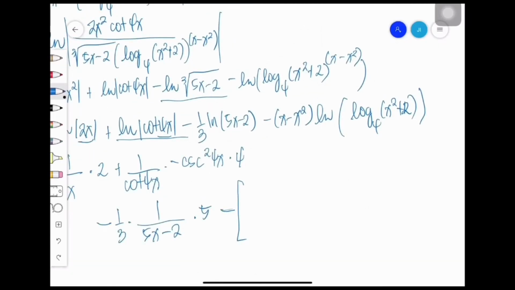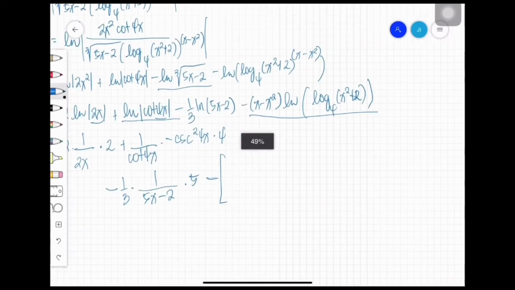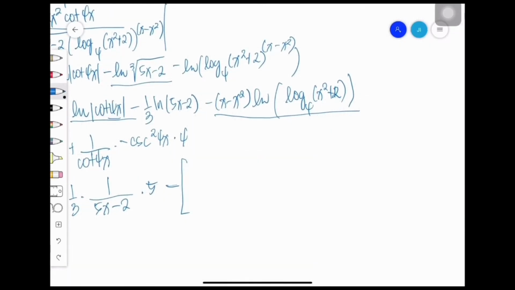minus, what's the derivative of this thing? This makes use of a long product rule. So let's try it. This thing has a derivative of left to right plus right to left. Okay, copy the left, x minus x squared, then multiply it by the derivative of the right side.